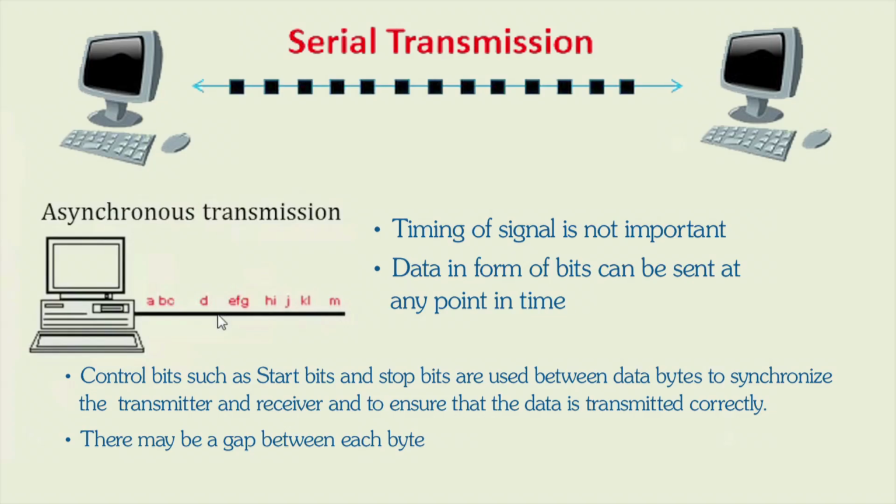Before sending each byte there has to be a start bit again, and at the end a stop bit. So this way receiver and sender are synchronized. They understand this is my first byte, this is the second byte, this is the third byte, this is the fourth byte, and something like this. Not necessarily after the first byte will the second byte be sent immediately, there might be some gap.